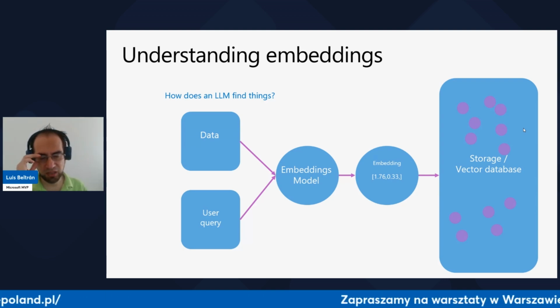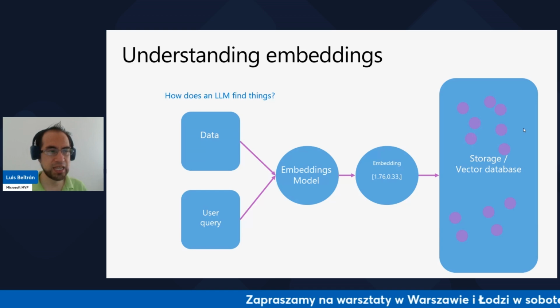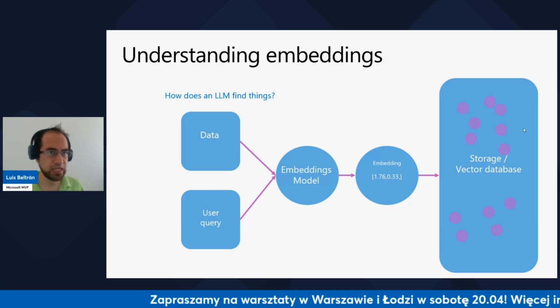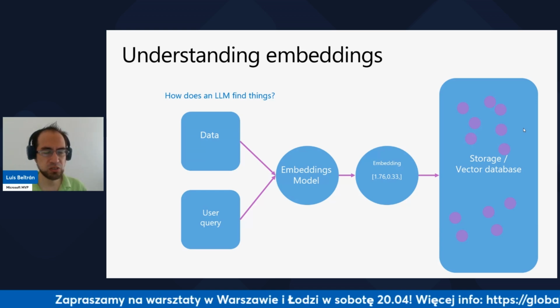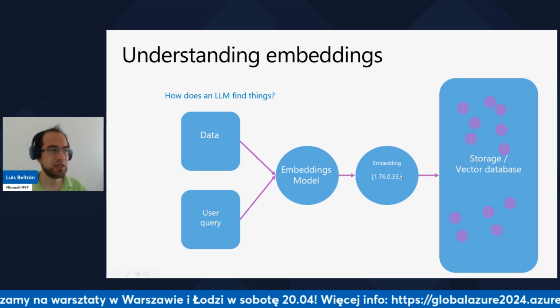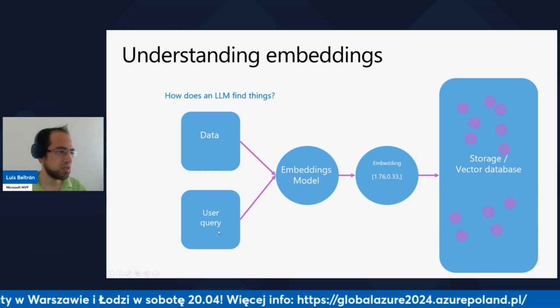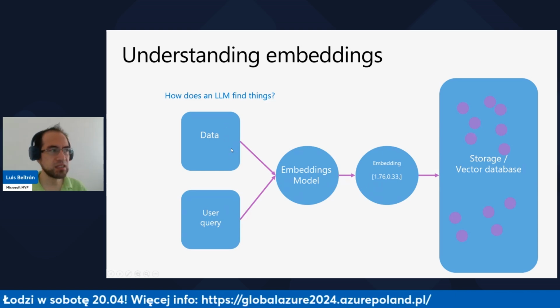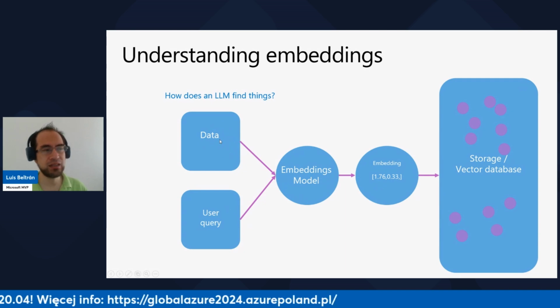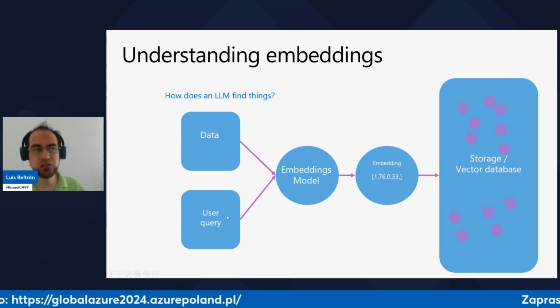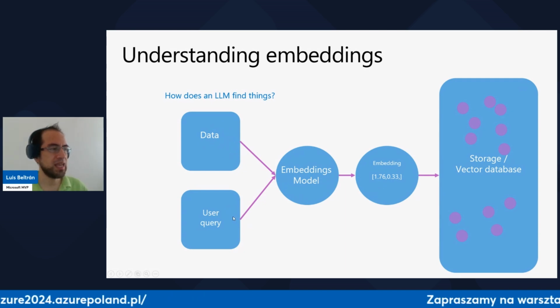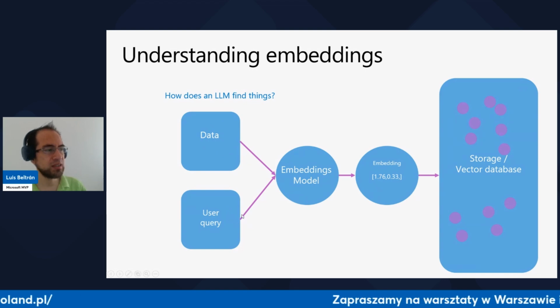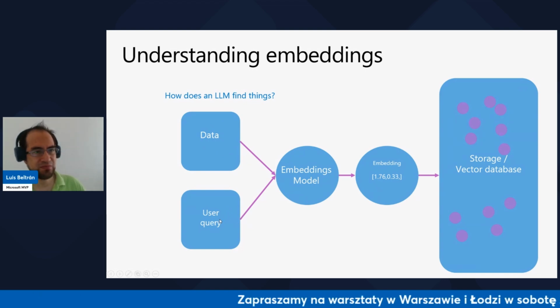Because, as I will explain in the next slide, there are some methods to find which embeddings from the data are quite close to the embedding of the user's query.